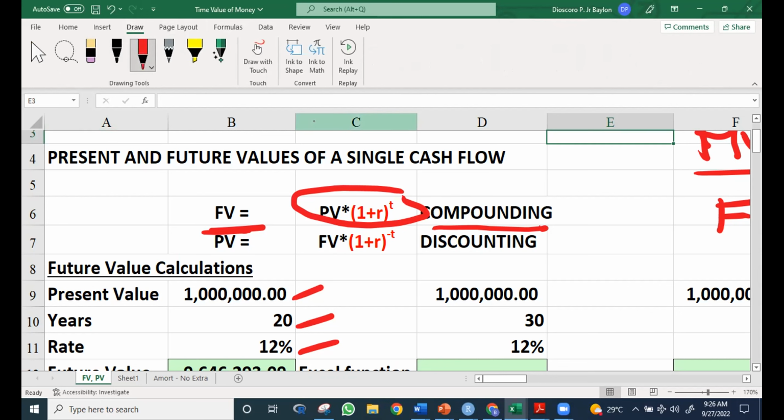All right. So compounding and discounting. Compound factor is 1 plus R raised to the T. Okay, that's our compound factor.